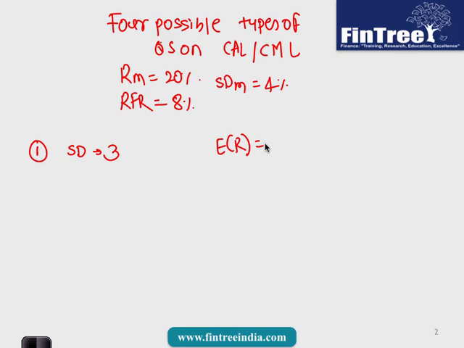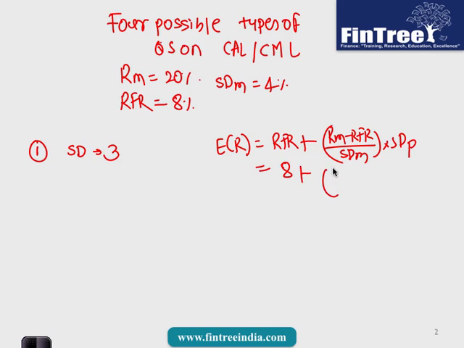Now I will show you how it is solved in the notes and then a shortcut of solving this. How they've done it in the notes is they've just plotted the formula. They've said RFR plus RM minus RFR divided by standard deviation of M into standard deviation of P. So RFR is how much? 8 plus RM minus RFR numerator would be 12.